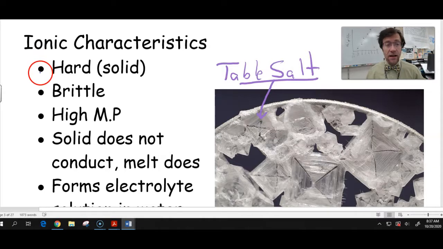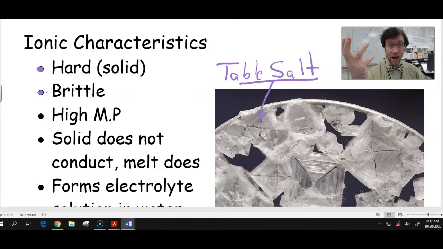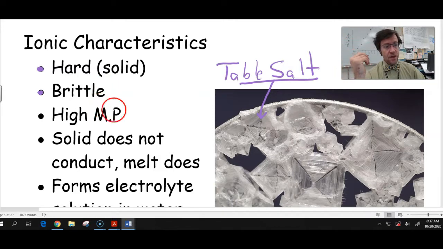Most ionic things are very, very hard. They are solid as can be. They are brittle. Brittle means that if you hit it with a hammer, it just crushes and shatters. You can crush it up pretty easily, like cement. Cement is pretty hard, but it's brittle. It doesn't bend or anything, it just cracks and shatters. Also, ionic compounds like table salt have a high melting point.